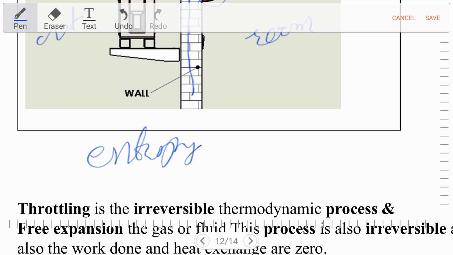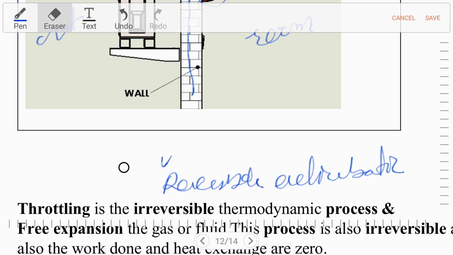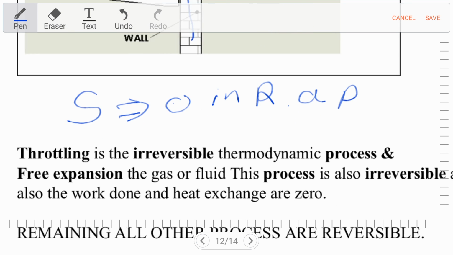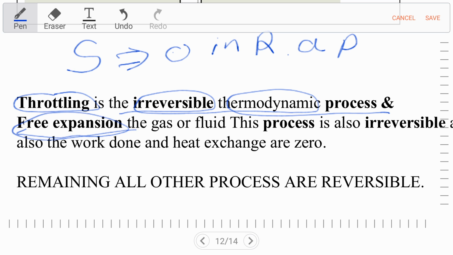Another term is entropy. For entropy you have to remember that entropy, capital S, is zero in a reversible adiabatic process. Now another term: throttling is an irreversible thermodynamic process, and free expansion of the gas or fluid is also known as an irreversible process.